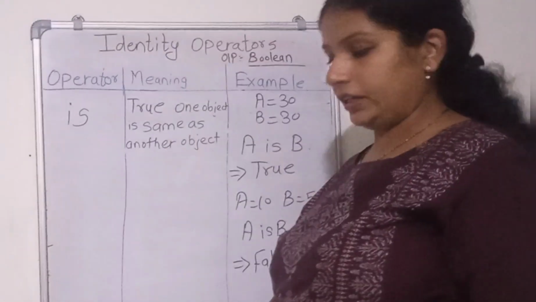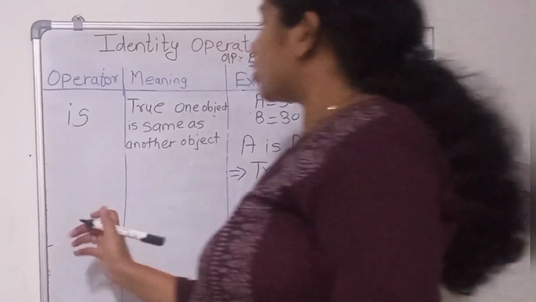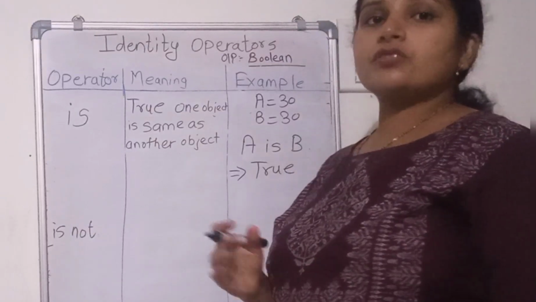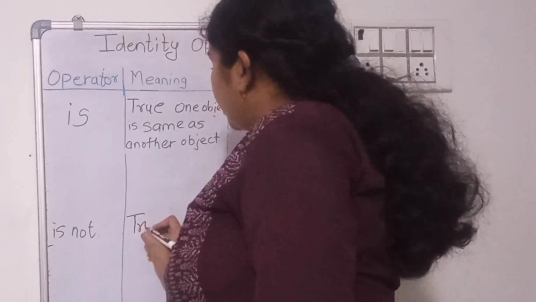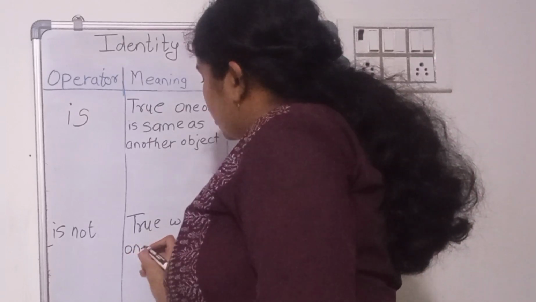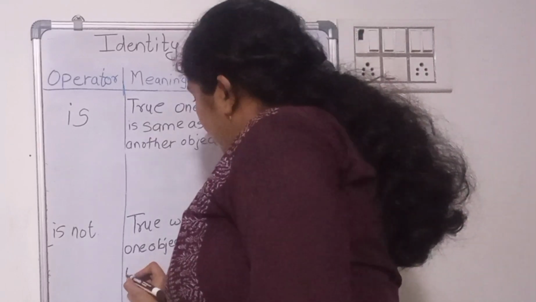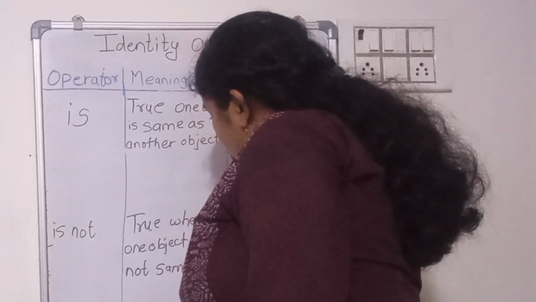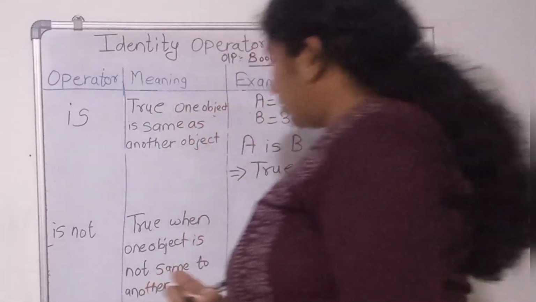Okay, so this is your identity operator. The first identity operator is is. The second identity operator is the opposite of that, which is is not, when we are checking whether these two identities are different from each other. Here our result is true when one object is not the same as another object.